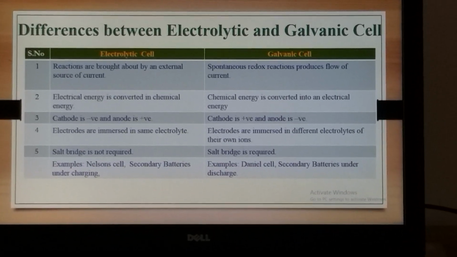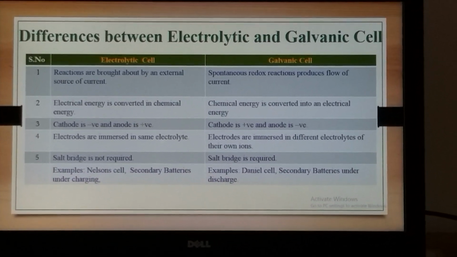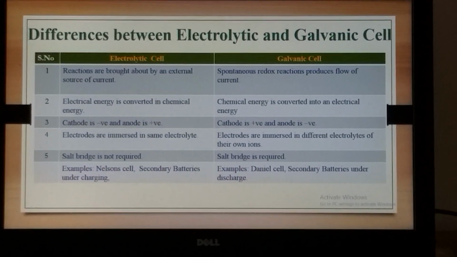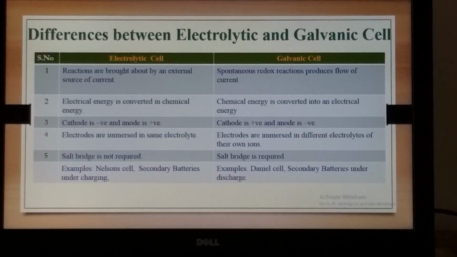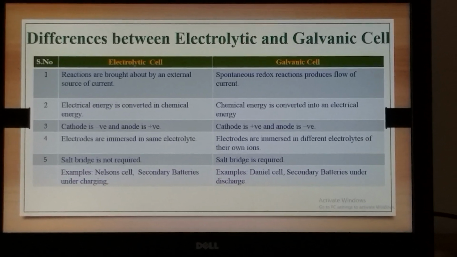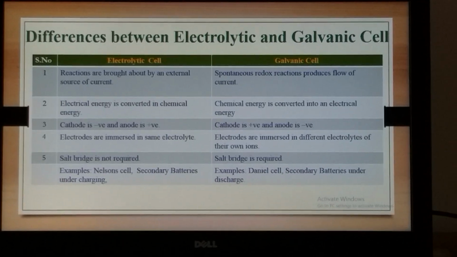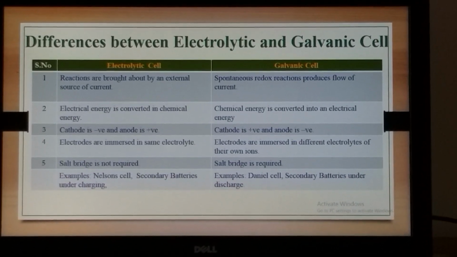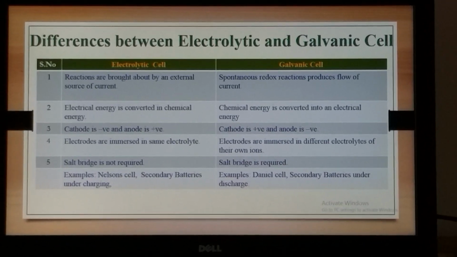That is, the electrodes are immersed in the solution of their own ions, such as the copper electrode is immersed in copper sulfate solution, zinc is immersed in zinc sulfate solution, and so on. In the electrolytic cell, the salt bridge is not required, but in the galvanic cell, the salt bridge is mandatory.